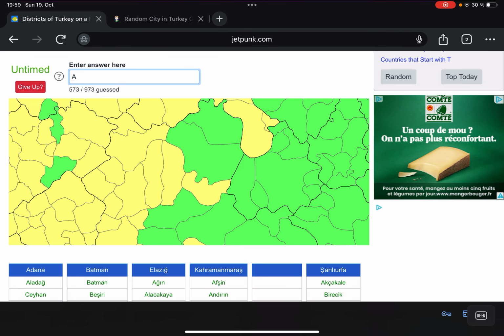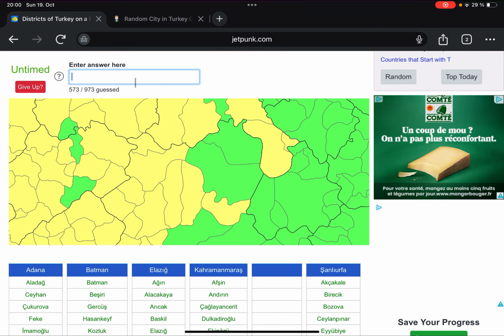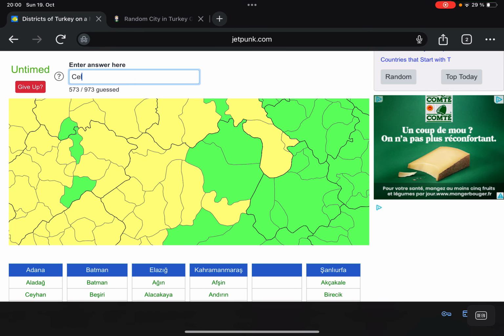Is it Akinözü? It's something like this, but I don't know why I can't remember it right now. Anyways, so here we have Çeltik, Yunak, Tuzlukçu, Doğanhisar, Doğanhisar, that's this one, and that is Akşehir then.